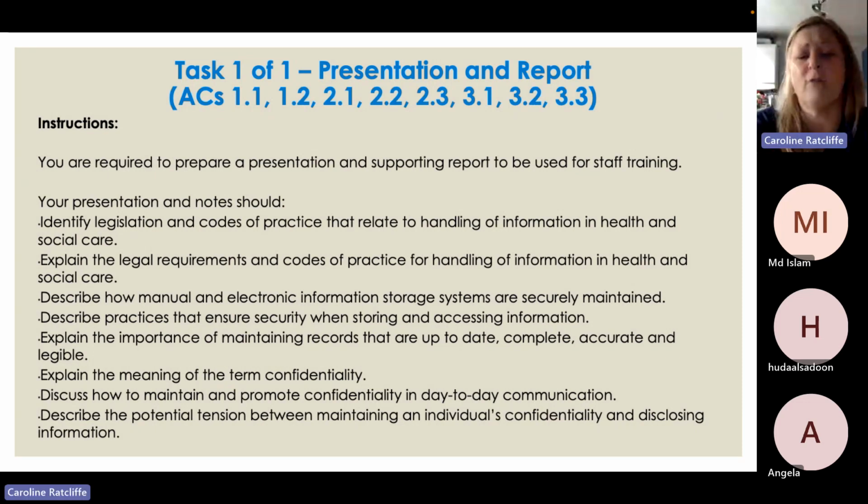And then lastly, you need to describe the potential tension between maintaining an individual's confidentiality and disclosing information. That really comes back to safeguarding, the bit that I was just talking to you about, like the last slide on the PowerPoint.